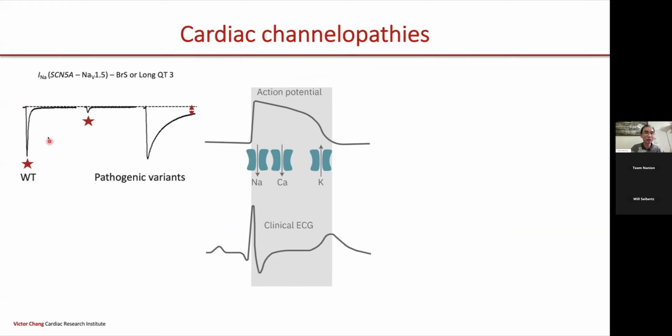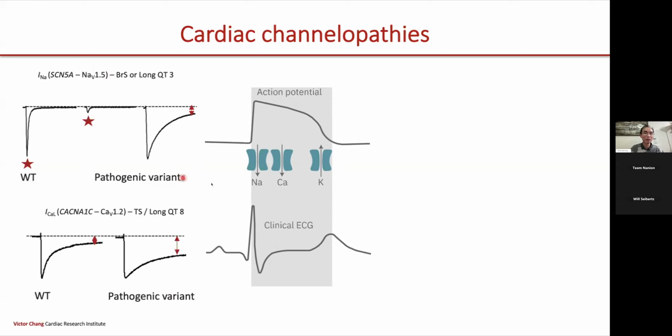So this is the wild type, and if you have a variant that affects trafficking, say, then you have loss of function and you have little current to measure. But in the SCN5A or Nav1.5 sodium channel, you can have gain of function that causes long QT3. If loss of function is Brugada, gain of function is long QT3, where you have slow inactivation or late current here, that would then prolong the action potential, will prolong your QT here, which is why it's called long QT.